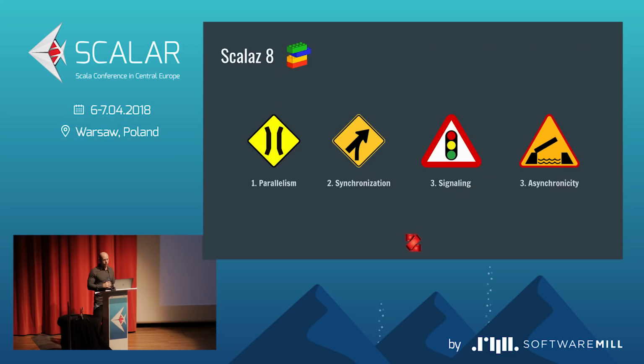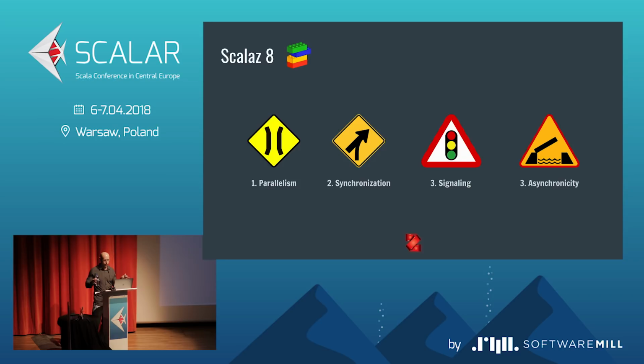An example of four of the building blocks that I've used in these examples include the ability to do parallelism, so trivial resource-safe parallelism, the ability to do intra-thread synchronization, the ability to do signaling, that is, to awake a bunch of things that are awaiting on some value, which you do with promise, and then the ability to create asynchronous actions that are going to resume at some point in the future.